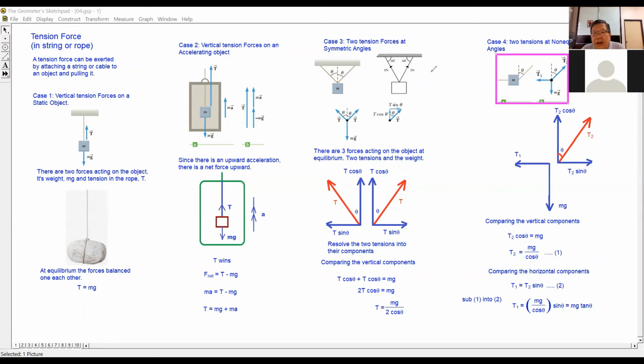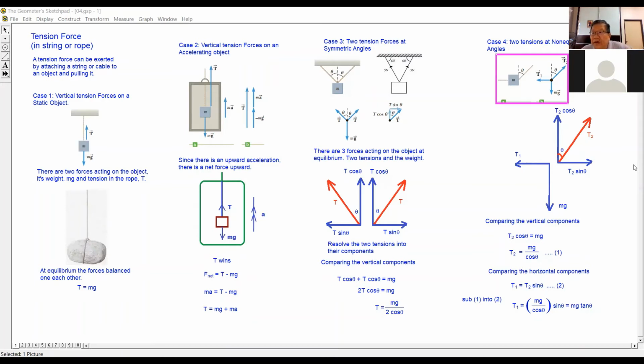Now I look at the other force, T1, the tension in rope number 1. This time, the tension is exactly horizontal. So we say that T1 balances with T2 sine theta, because these are the two opposing forces.